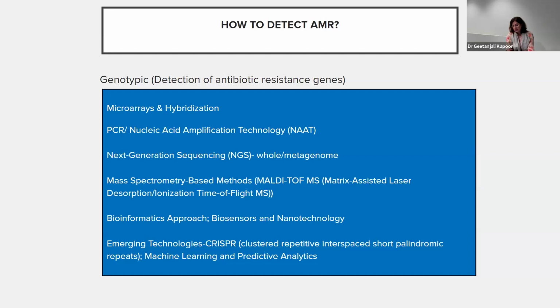The other new thing that is there now is metagenomics. That's a kind of next-gen sequencing, NGS, which is of two types, whole and metagenome. What's the difference between whole and metagenome? Now, when we say WGS, or whole genome sequencing, it's about sequencing the full genome of one organism, just one.